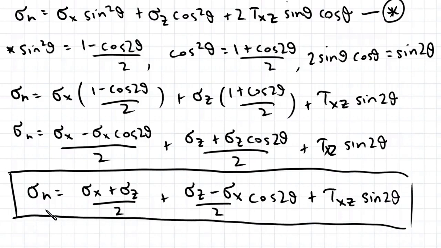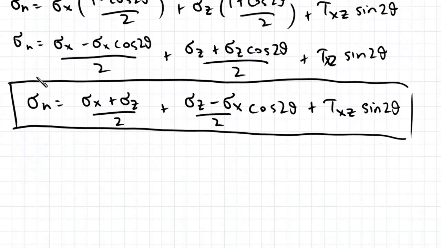So essentially what this equation does, it relates normal stress acting on a plane of theta, and it relates this stress also to the horizontal and vertical stresses and shear stresses.